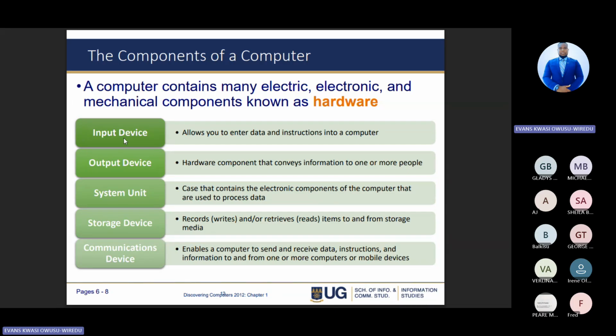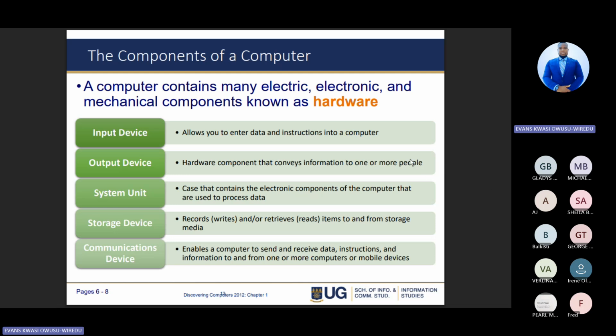It doesn't work on its own. No matter how brilliant a computer is, it will only work when it has been given an instruction. And so any device that helps us to input or enter data or instruction is what we call the input device. We are going to look at examples.